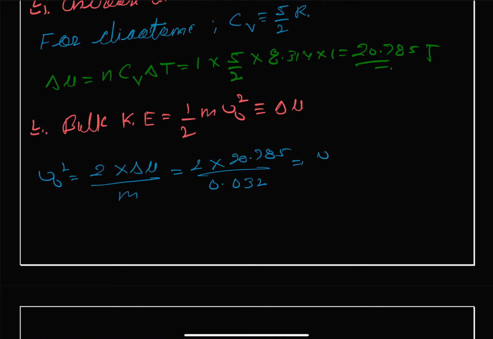We got V naught as 36.04 meter per second.